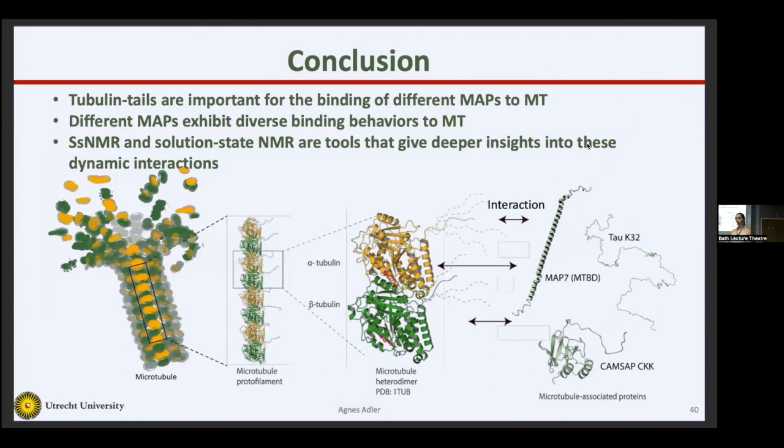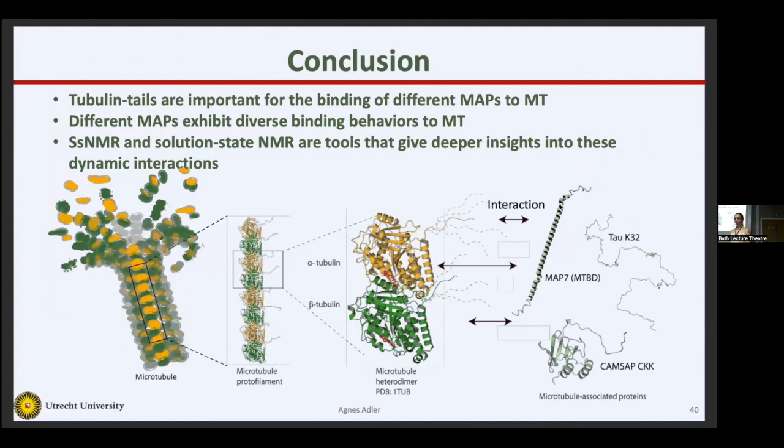the tails of tubulins. So to conclude, tubulin tails are important for the binding of different MAPs to microtubules. The different MAPs exhibit quite a diverse binding behavior to the microtubules. So every single MAP that I studied interacts differently.